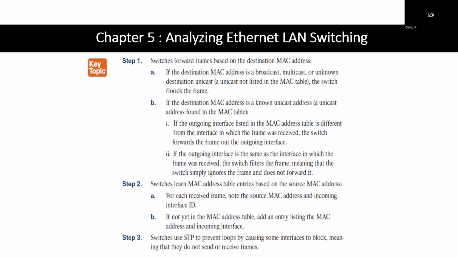Okay. So by default, here are the default settings. All the interfaces are enabled by default on a switch. Okay. All the interfaces out of the box on a switch will be assigned to virtual local area network 1 or VLAN 1.